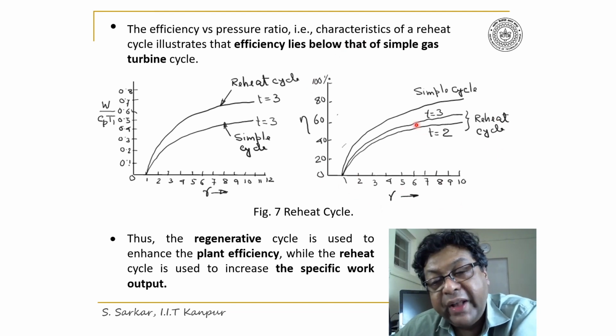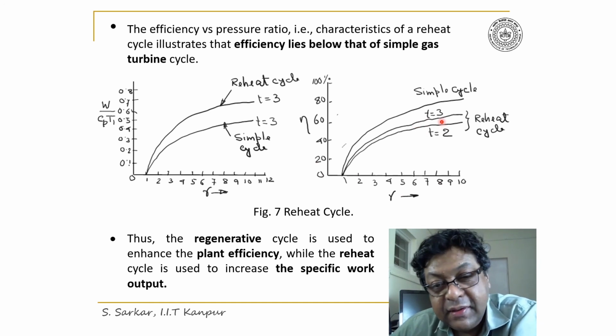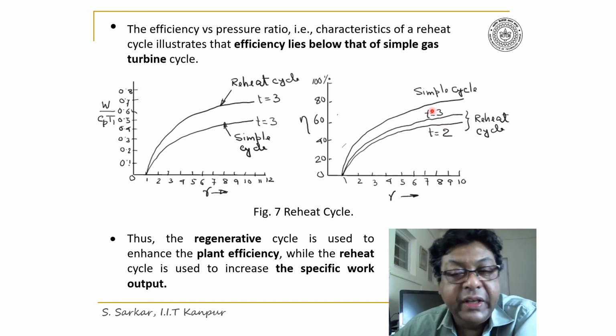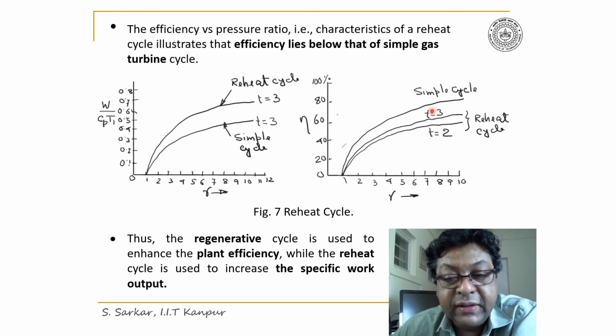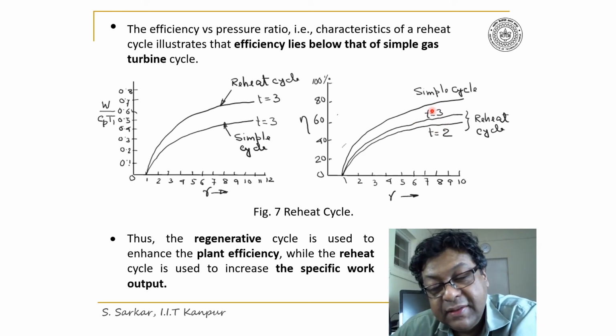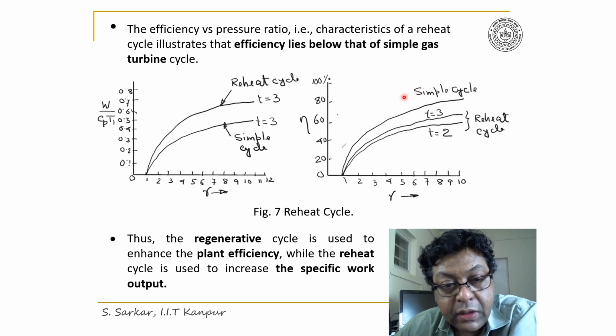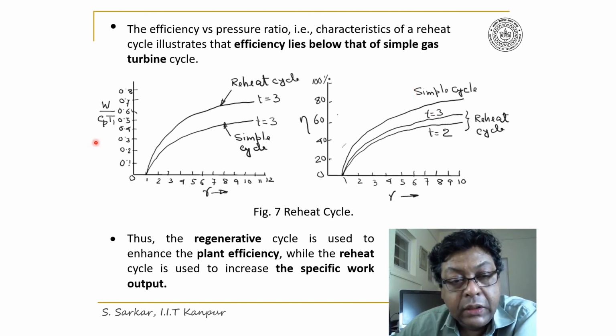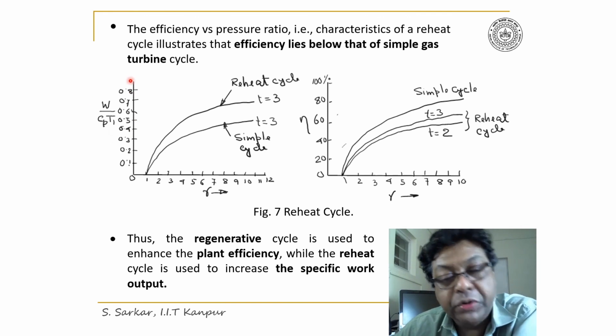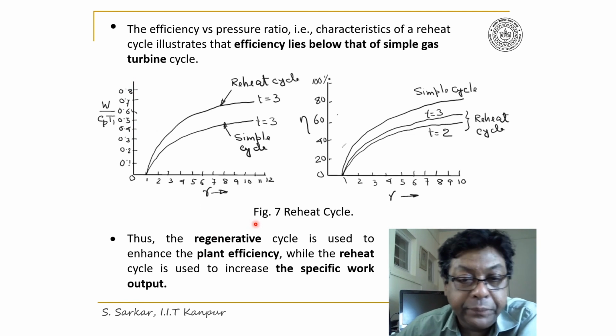Here you will find that efficiency for the reheat cycle lies below the efficiency of the simple gas turbine cycle, illustrating that reheating decreases the efficiency, while the specific work output is presented with respect to the pressure ratio.